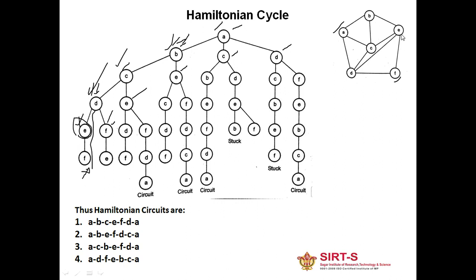Again D and E. D is traversed, so we are going to take care of this E. E has C, B, D and F, and the adjacent nodes of this E are already traversed, so we are going to cancel this one.